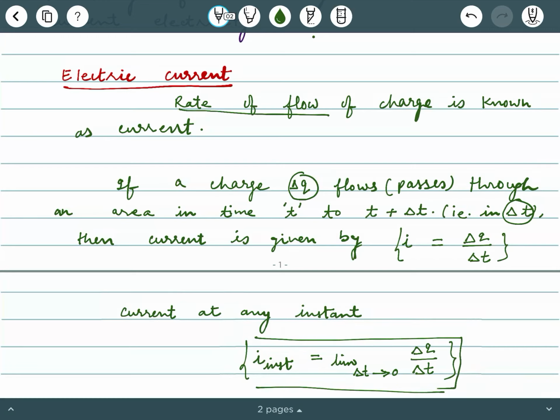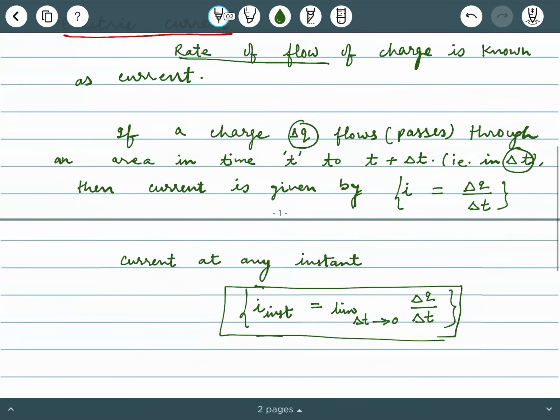I hope you are familiar with this term, because in class 11th also, when we talked about instantaneous velocity, then we wrote v equal to dx by dt, right?